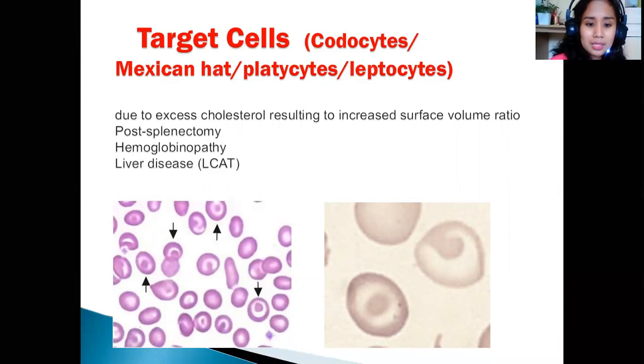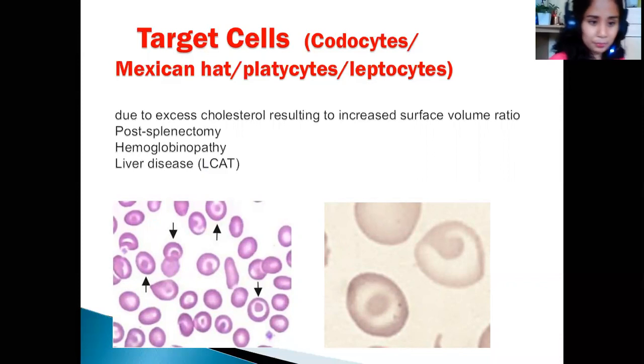Pero sa akin, pag nasa side siya, mukha siyang crucible. Naalala niyo sa inorganic chemistry, mga crucible. Target cells happen due to excess cholesterol resulting in increased surface area to volume ratio. So, lumaki yung surface area ng red blood cell. So, mukha siyang target.